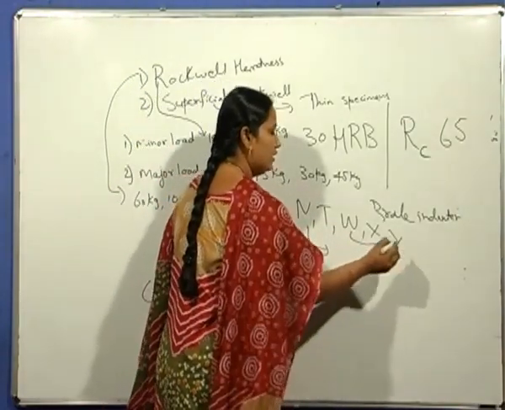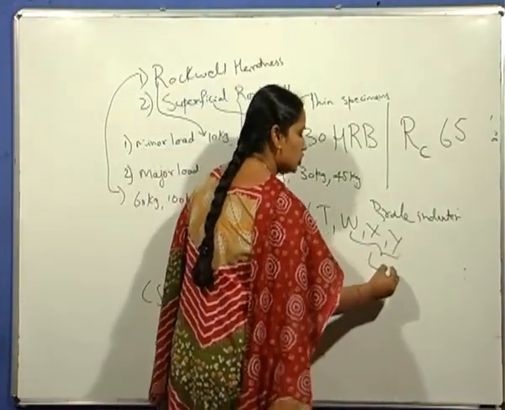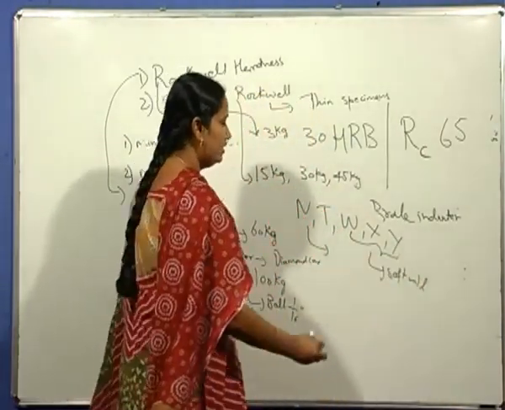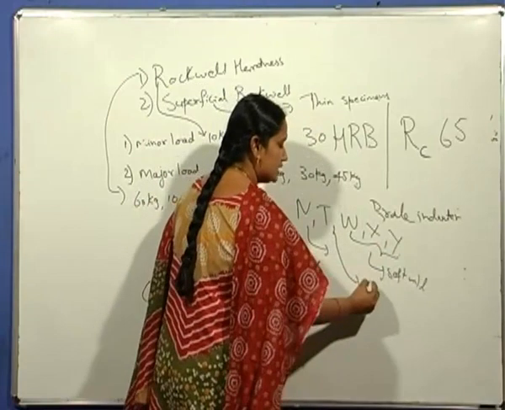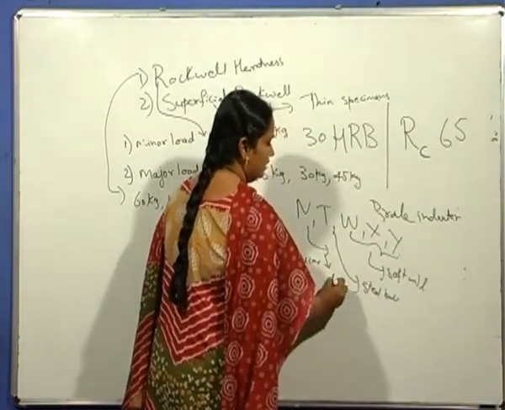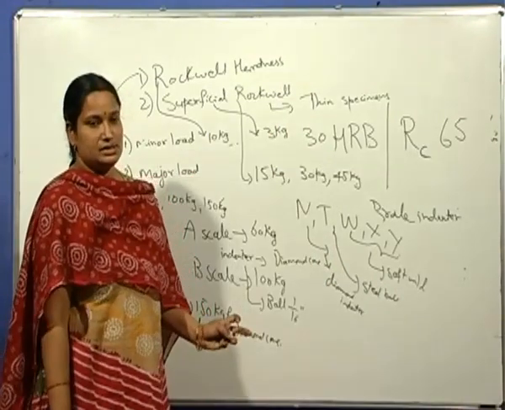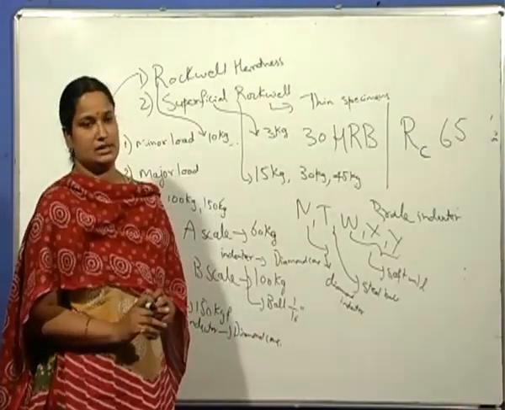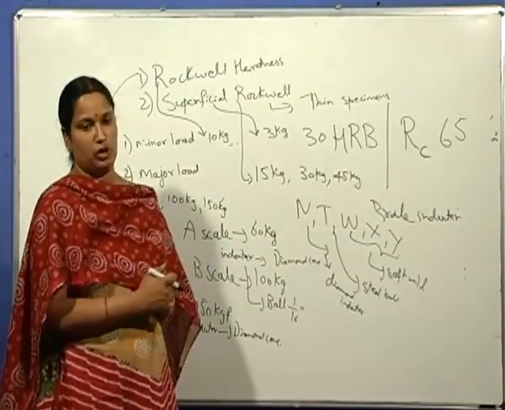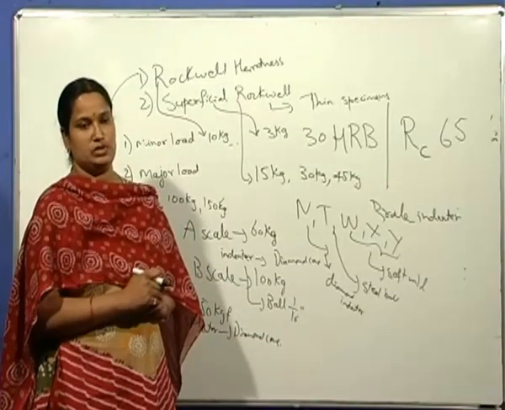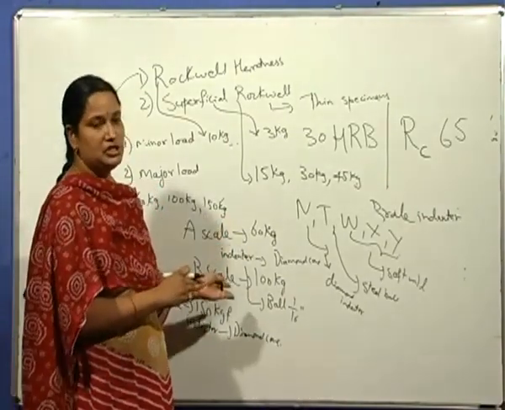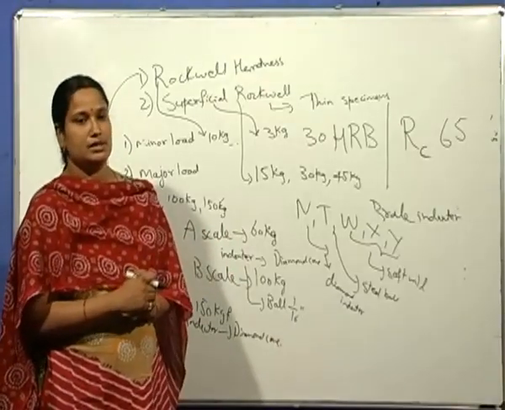W, X, Y are used for very soft materials, which again use a steel ball indenter, and the T scale also uses a steel ball indenter, whereas N uses a diamond indenter. So there are almost 30 scales, including both Rockwell as well as superficial Rockwell. These 30 scales are a combination of both major load and the indenter that is used.